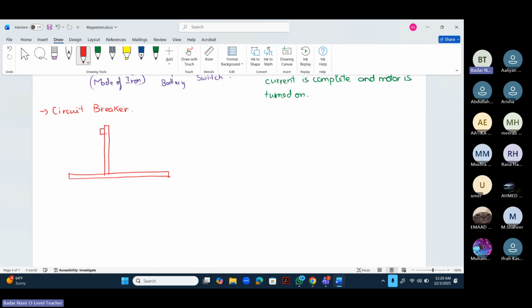This is exactly the same function performed by a fuse as well. So a circuit breaker has the same function as a fuse. So let's say we have this electromagnet.